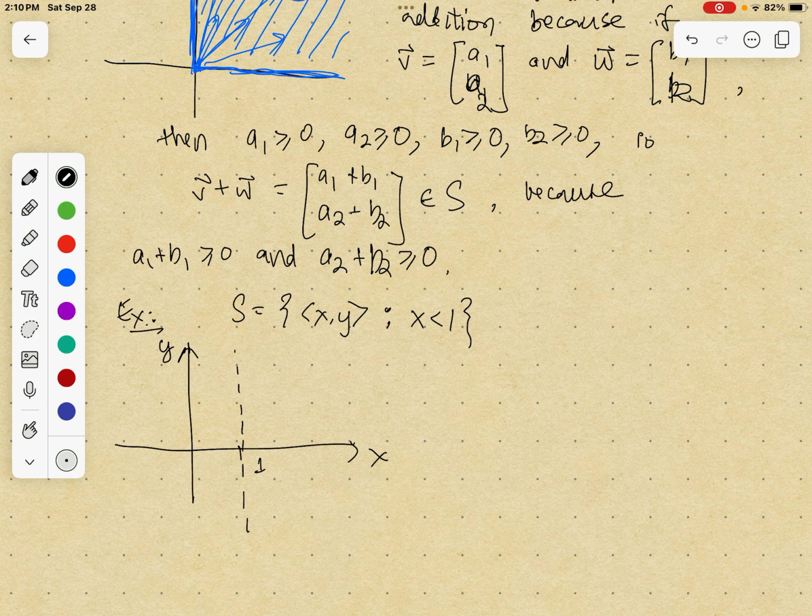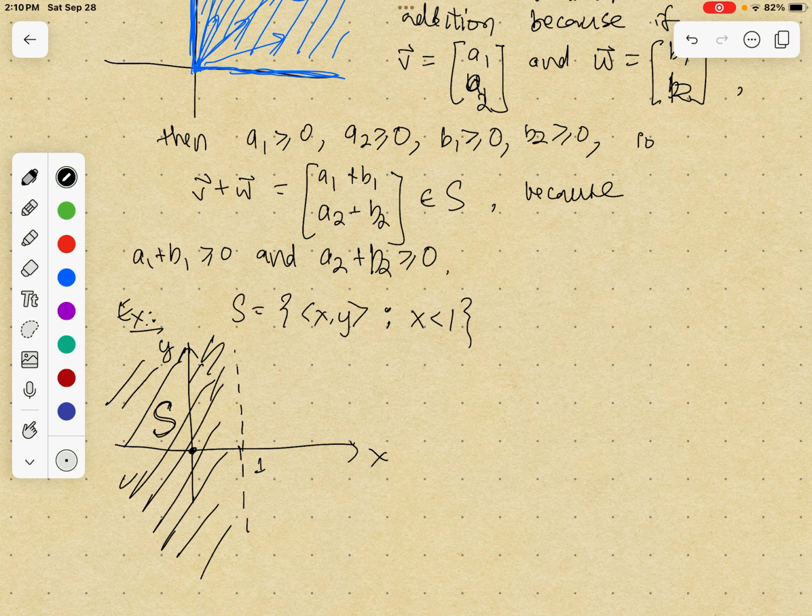And you want all x and y such that x is less than 1. So it's going to be all the vectors that start at the origin, and then the tip is in this set S. It is in this half plane to the left of x equals 1. Well, what do you think? Is it true that whenever you take two vectors here, you add them, you stay in the set?